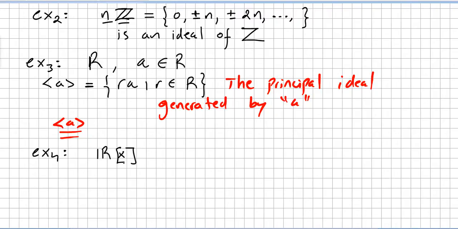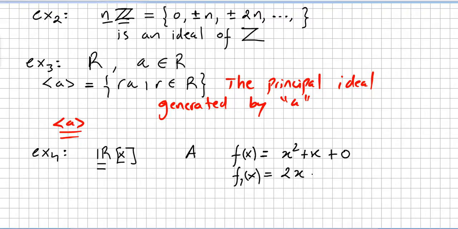Another example is the set of polynomials with real coefficients, and A will be the subset of polynomials with constant term 0. So it will be, for instance, the polynomial x squared plus x plus 0, and the polynomial 2x plus 0.